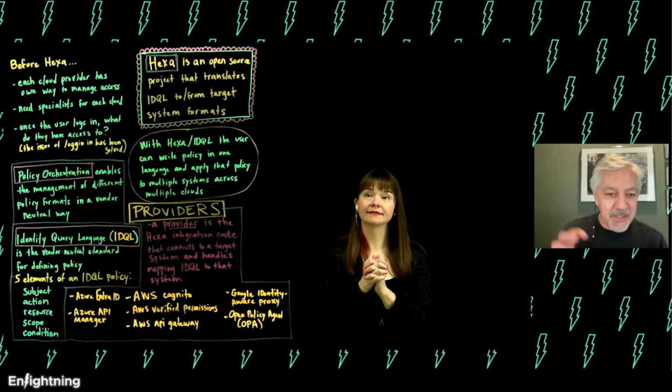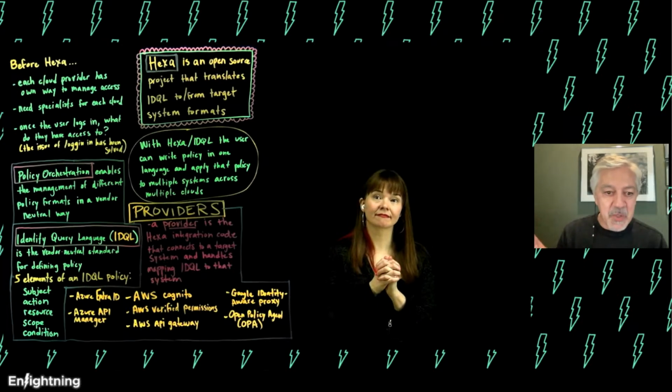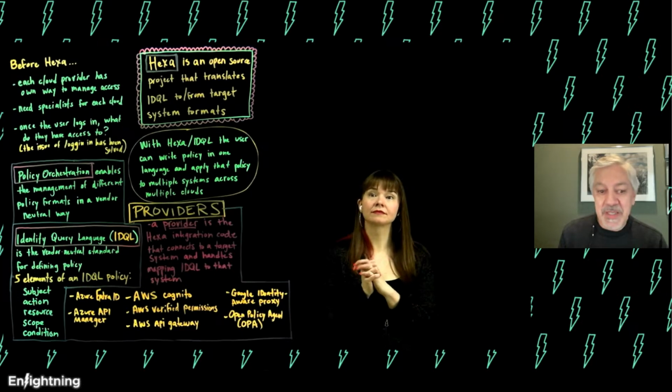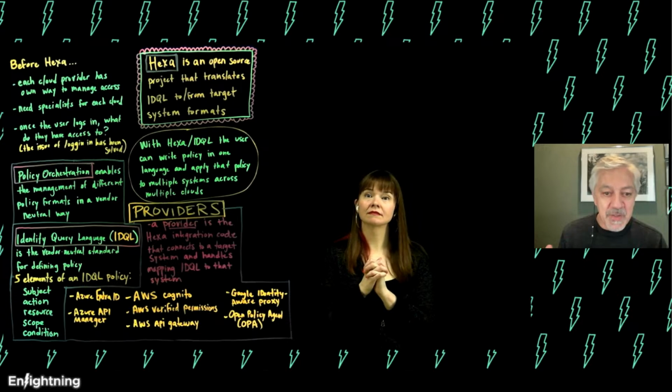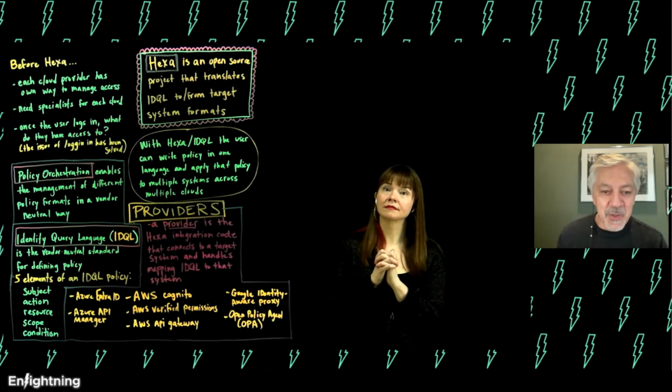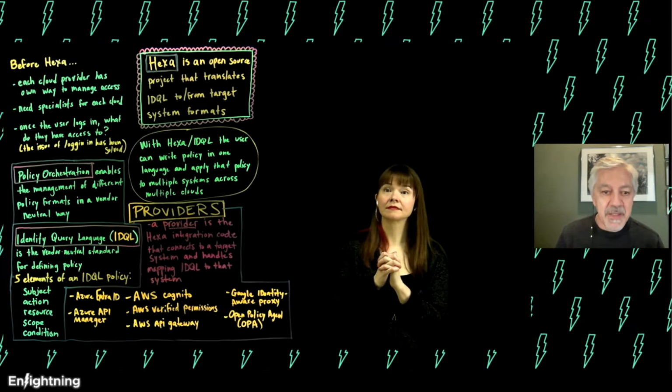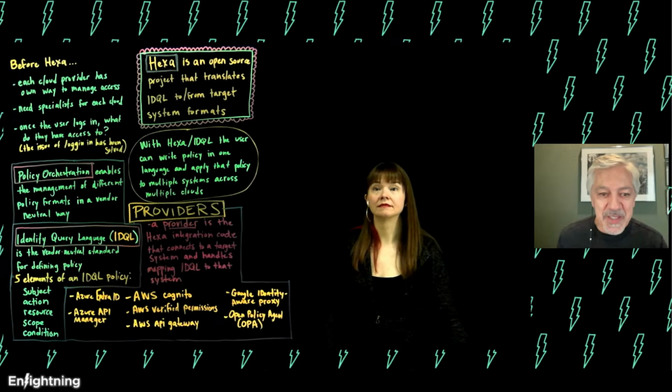I might have that workload running in Azure and in AWS, and I need the access rules to be the same. I could write those in IDQL and use Hexa to keep each system up to date and in sync, implementing the same rules across those environments, so that if I lose the primary system, I can immediately have the backup system ready to go, and I don't have to scramble to ensure it has the right rule settings.